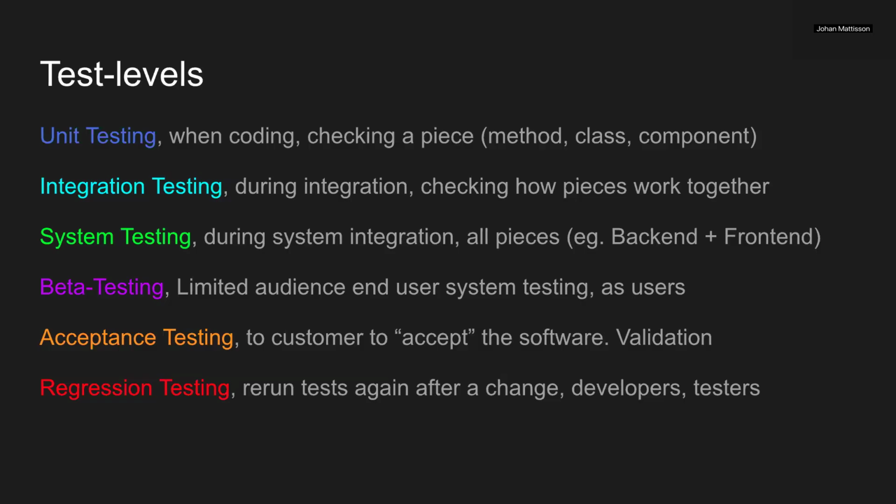It's methods, functions, classes, those kinds of things. Integration testing, then you come up another level. Here, all of a sudden, you need to work together with other systems, other modules, microservices, for example, and stuff like that. So then you will come to the integration level.